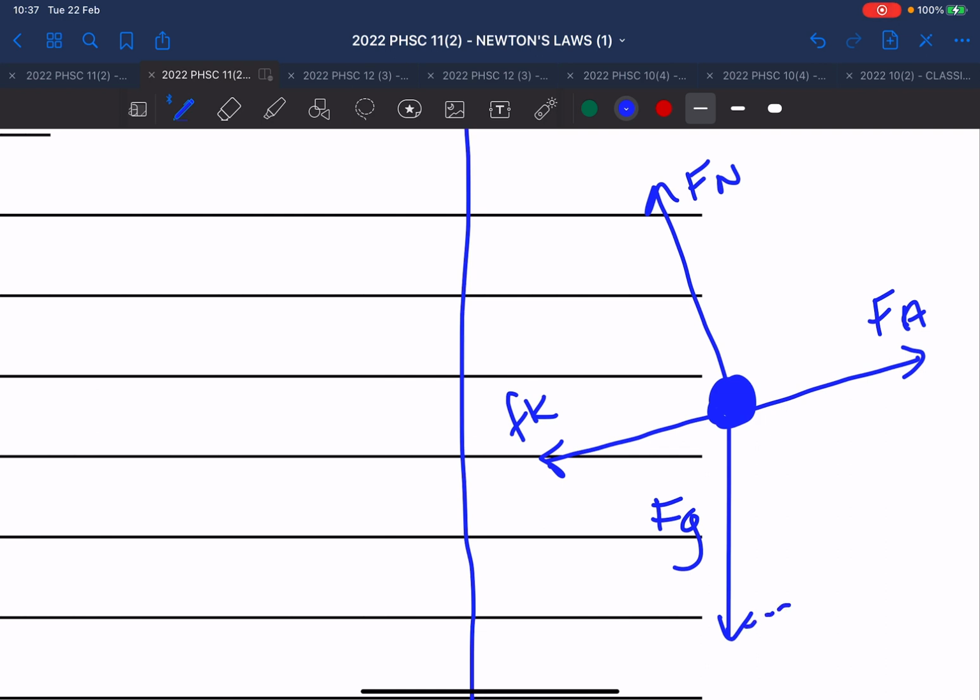You're going to split it up into your rectangular components, or perpendicular components. Yeah? Perpendicular components. And remember that is theta there.